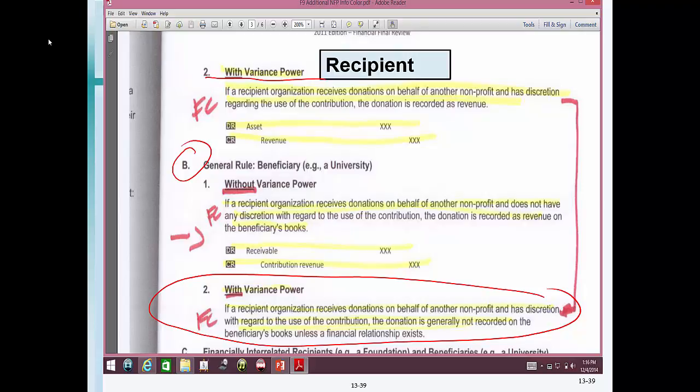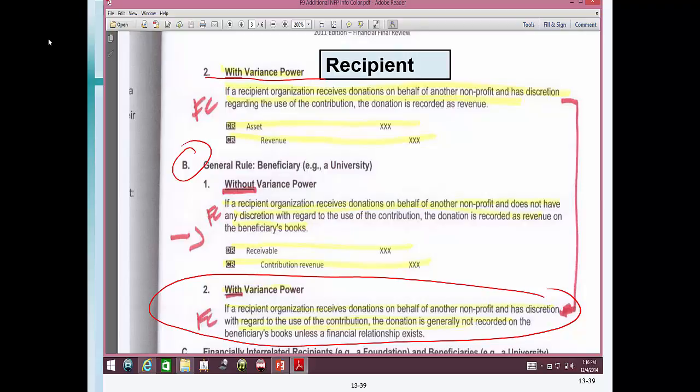They'll set up a foundation whose whole world is just to raise money for the university. In that situation, almost any money raised by that foundation is automatically going to go down to the beneficiary, right? But there are times where the foundation will do other works that would not necessarily benefit that one captive beneficiary. But for the most part, most of the money comes down.